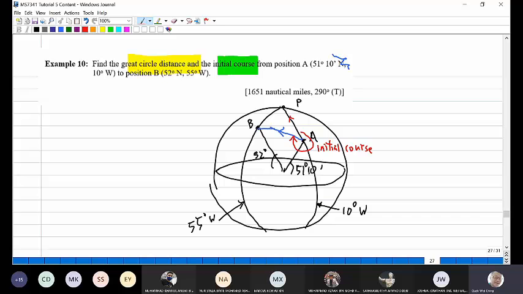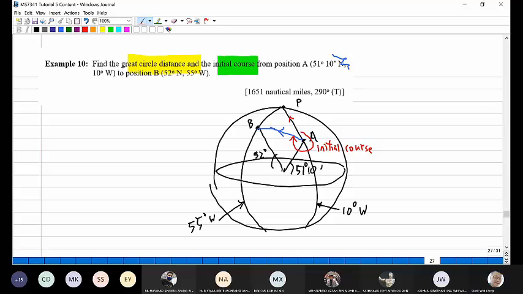This is the initial course from A to B. Okay, so let's try to figure out more information before we draw a second diagram. In this case, there is no right angle here, so we cannot use the Napier rule, right? Just the general sine law and cosine law.